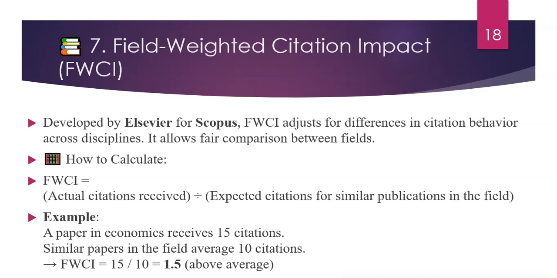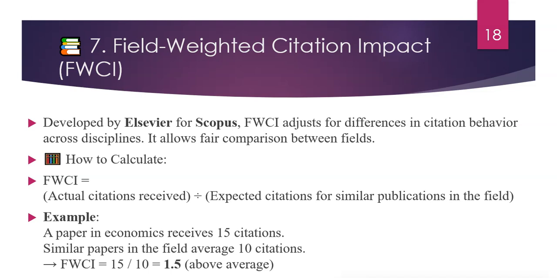Field-weighted citation impact was developed by Elsevier for Scopus. FWCI adjusts for differences in citation behavior across disciplines. It allows fair comparison between fields. How to calculate it? FWCI is the actual citations received divided by the expected citations for similar publications in the field.